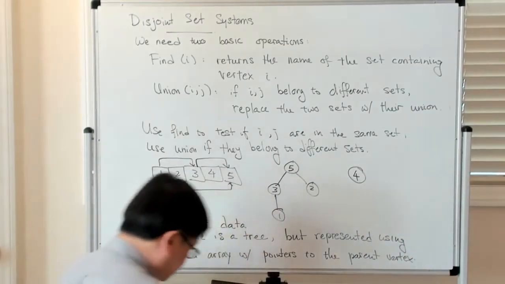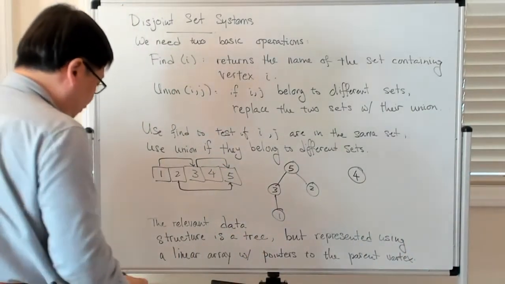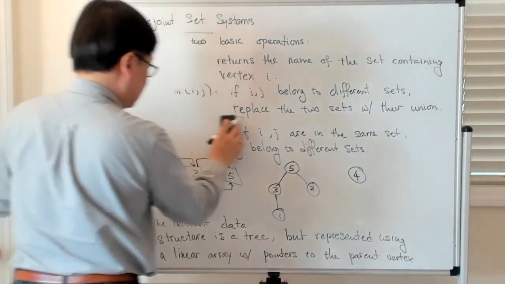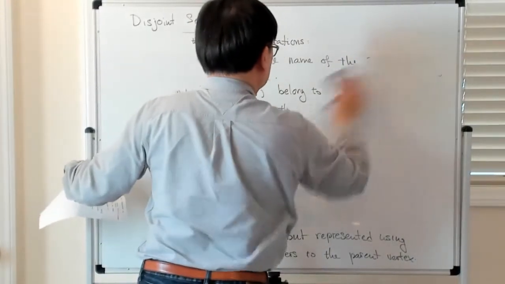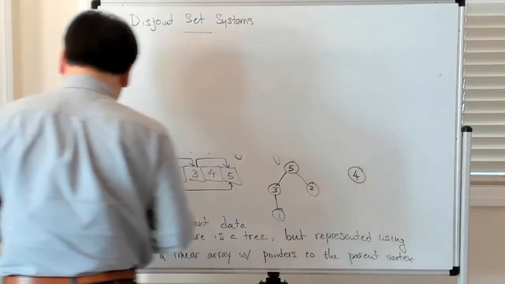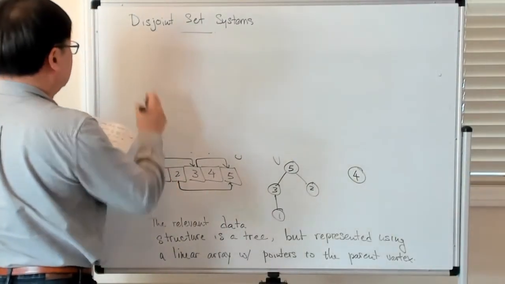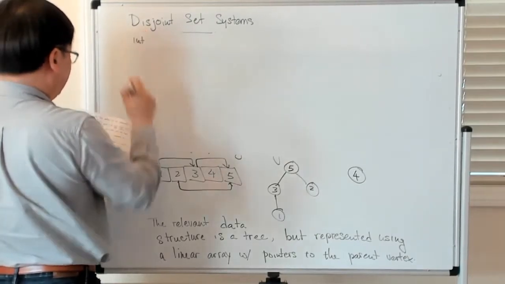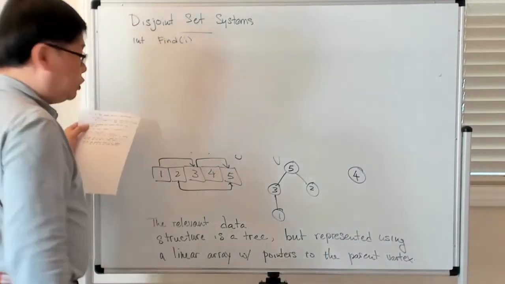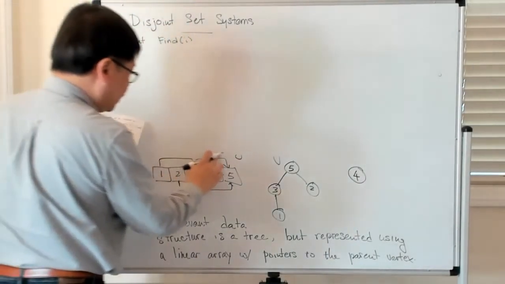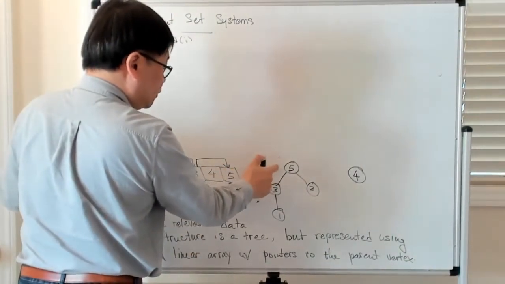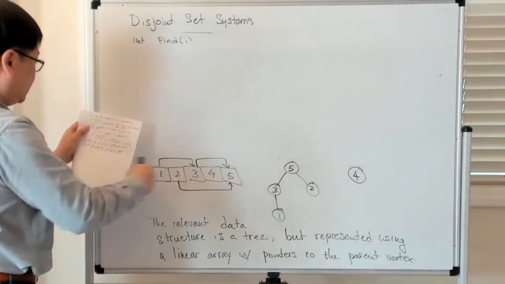Okay. All right. So with that in mind, let's see what happens. I can write down a little bit more explicitly what the pseudocode for this is, right? So I could have find i, which returns an integer as the label, okay? And if you recall, the label is going to turn out to be the root of the tree which it's in, okay?